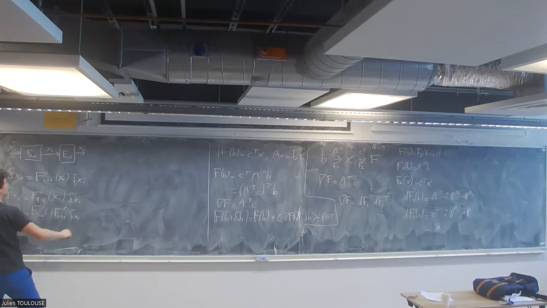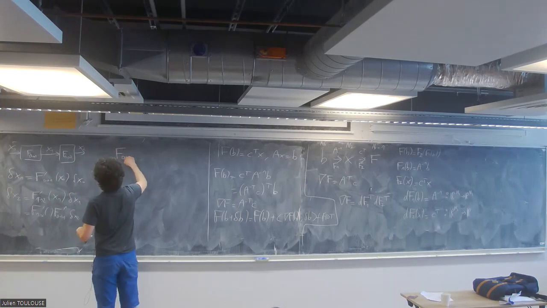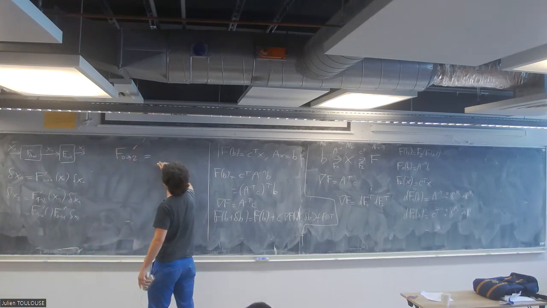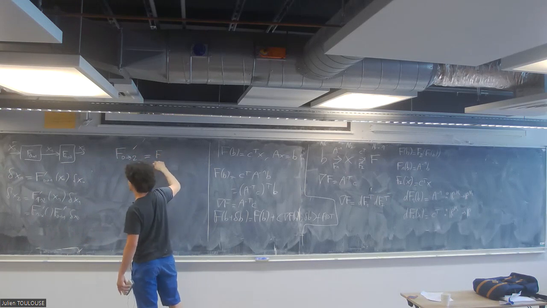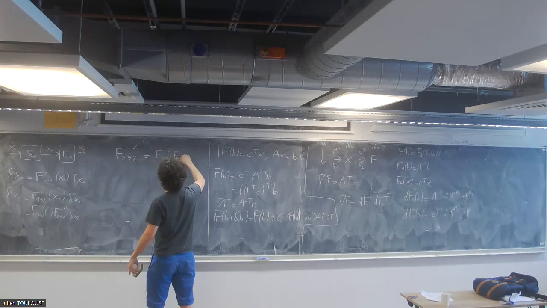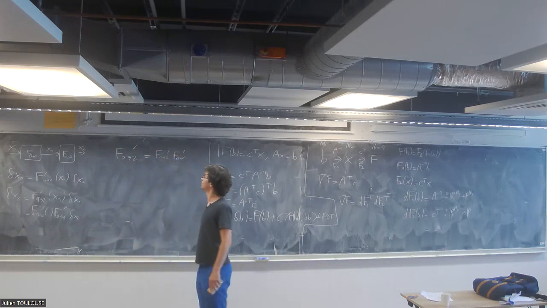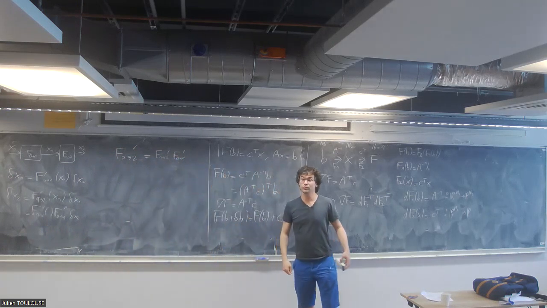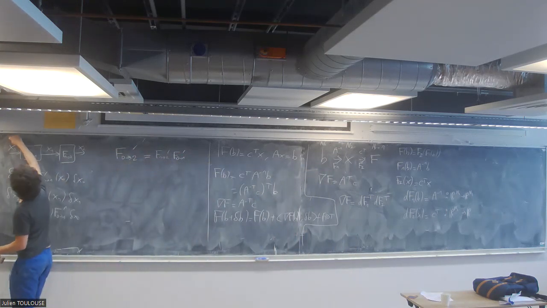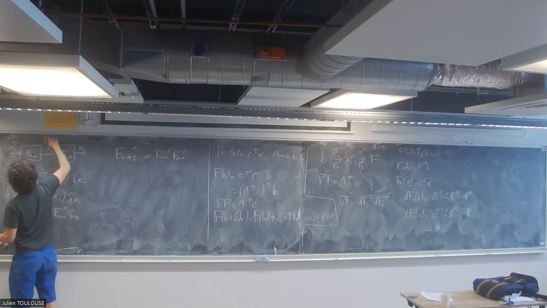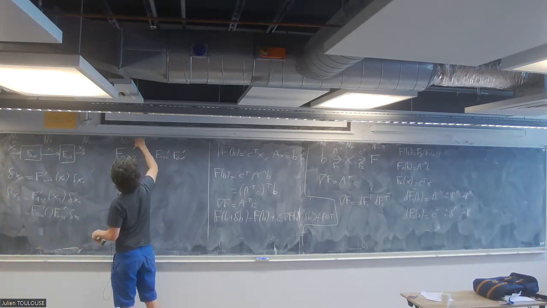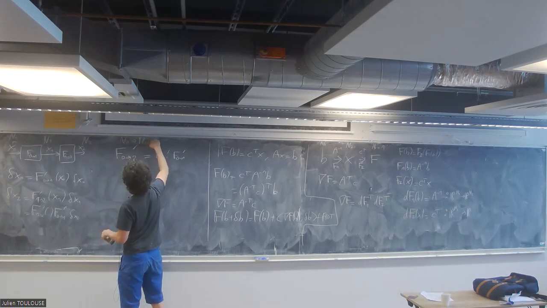So f0 to 2 prime is f1 to 2 prime times f0 to 1 prime. And so how do I compute the gradient? If there's n0 here, n1 here, and n2 here, this is n0 to n2, which is equal to 1.